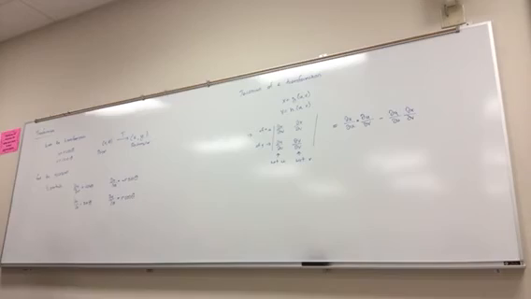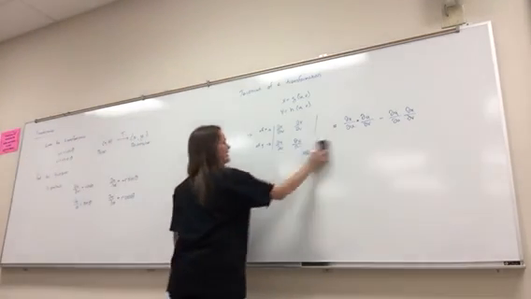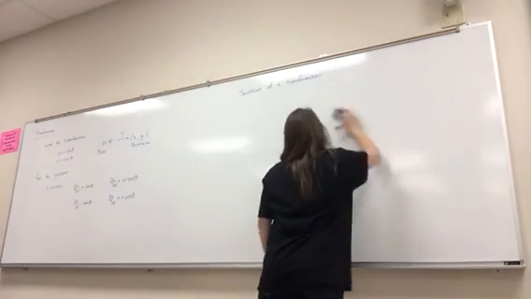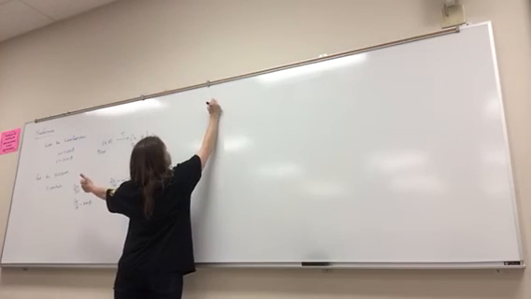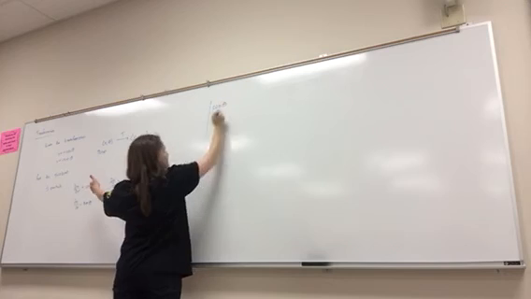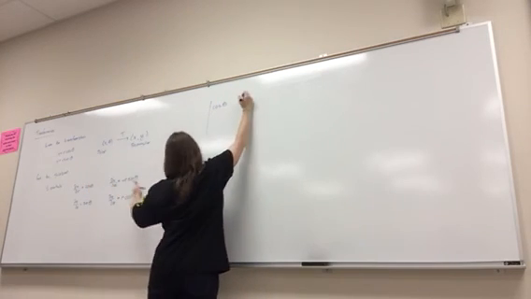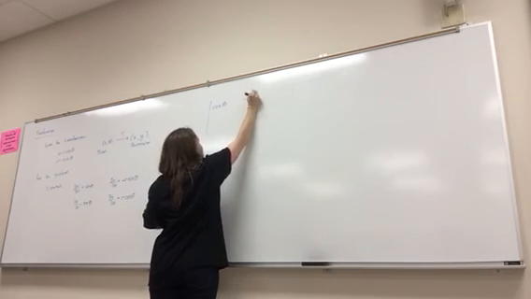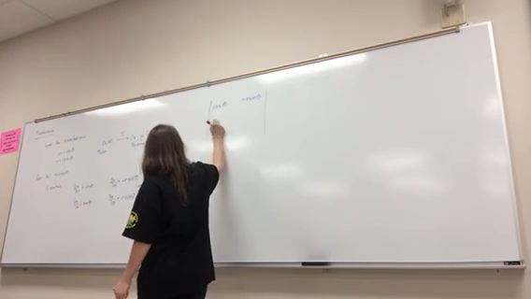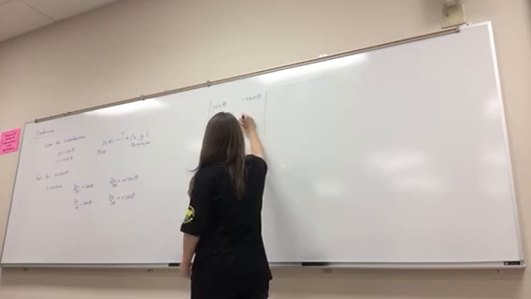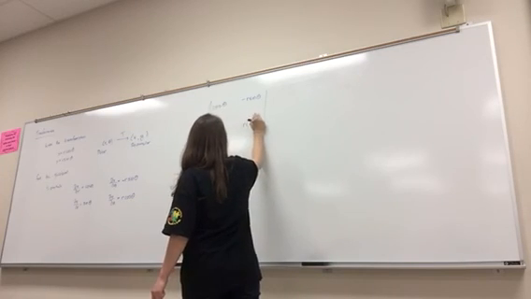Okay, so if we want to find the Jacobian, all we have to do is plug into the determinant. Across the top I'll run with x: cosine theta, negative r sine theta. Now run it with y: sine theta, and over here, r cosine theta.